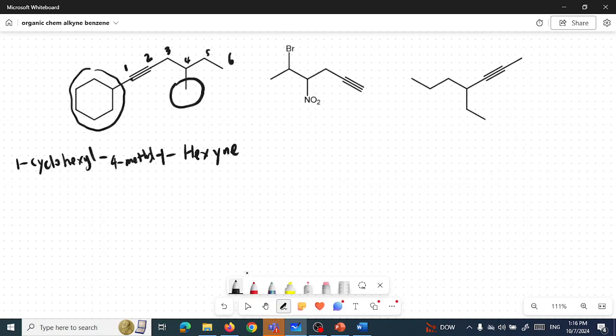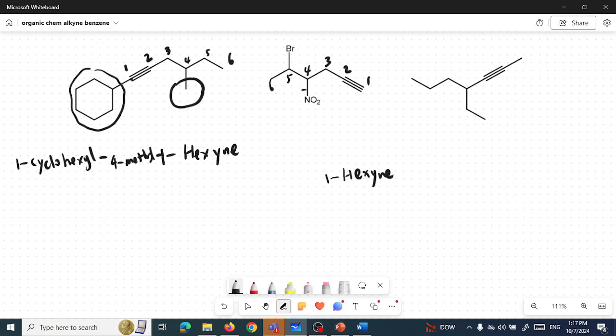Therefore, we need to number the basic chain starting from where the triple bond starts. So it's going to be 1, 2, 3, 4, 5, 6. So again, it's going to be 1-hexyne.